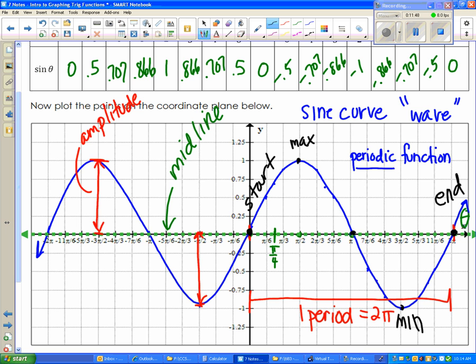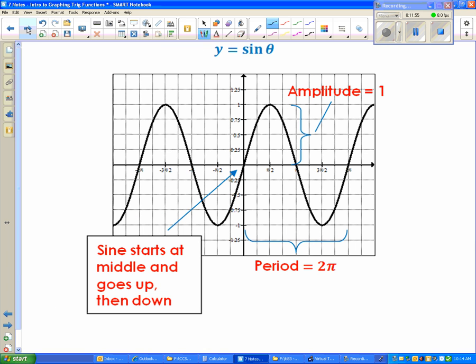And so as we're drawing these graphs, it'll be important to know the shape of the sine function. And so I have another slide that also shares some of this with you. So the sine always starts in the middle, it goes up, then back down, and then it ends up back at the middle. So if this is our start, this is our end, it goes up, down, and then up again. And that is the pattern of the sine function.